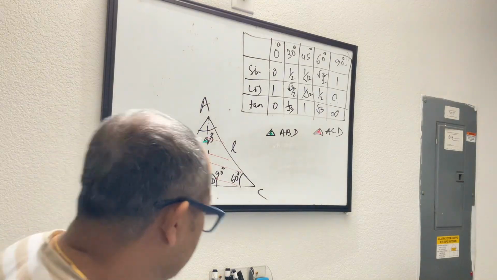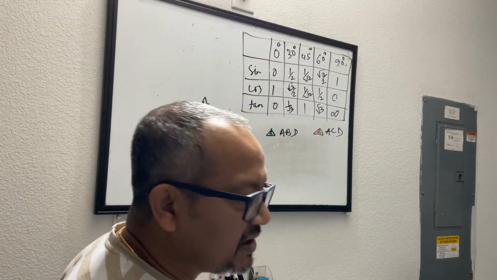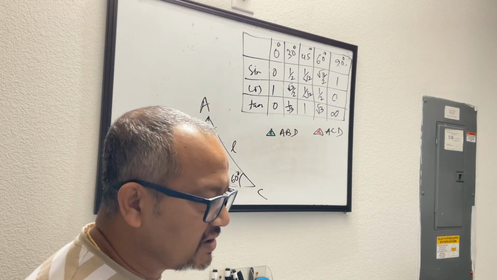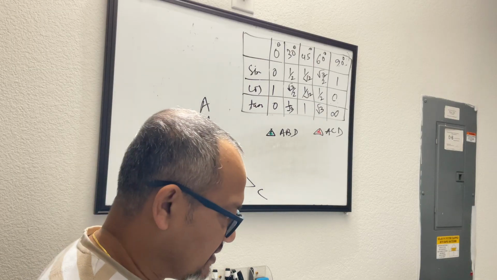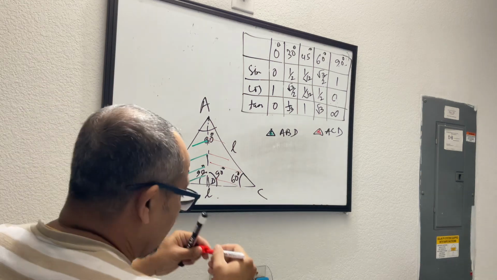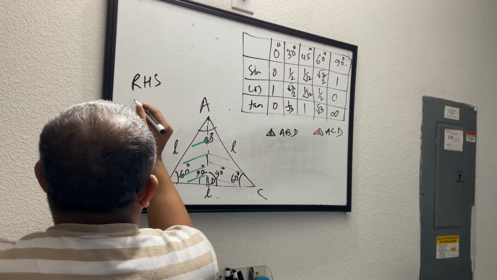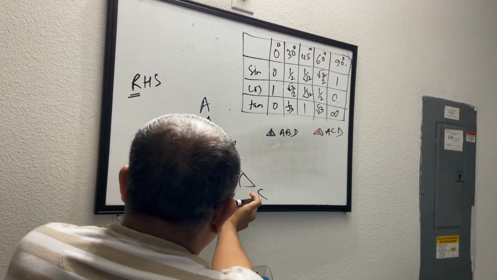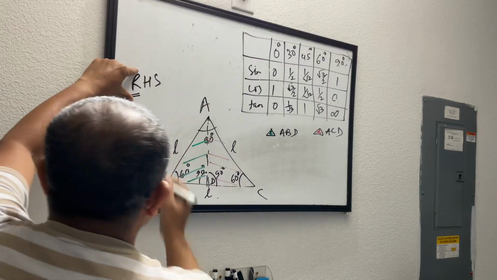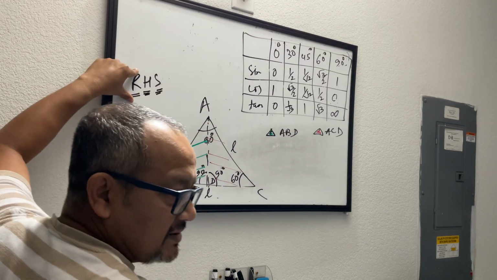Now, I'm saying that these two triangles that you see, the red and green, they are congruent. Is that something that we can believe? Congruent using the theorem of congruence called RHS. For two right angle triangles to be congruent, their hypotenuse should match and one of the sides should match.